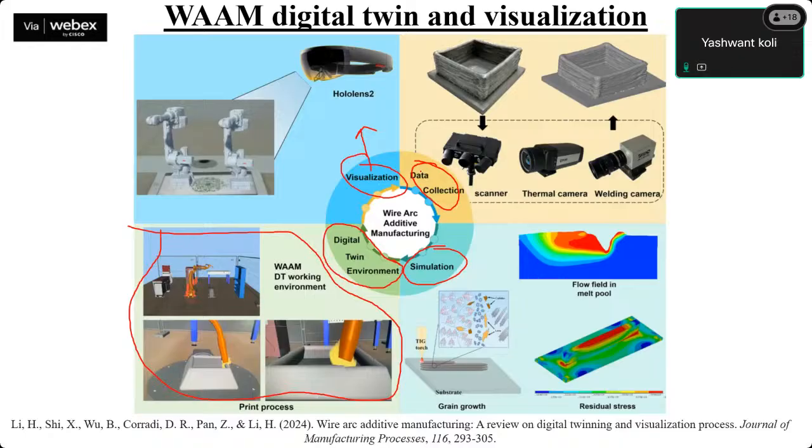Data management is very important. For data collection, scanners, thermal cameras, and welding cameras collect all the data from here. So the role of digital twin, why is digital twin needed?